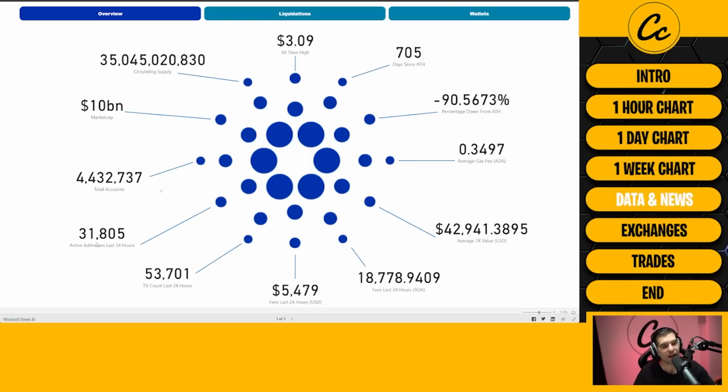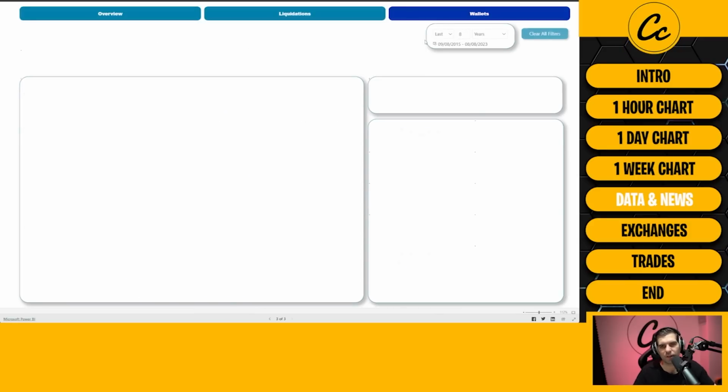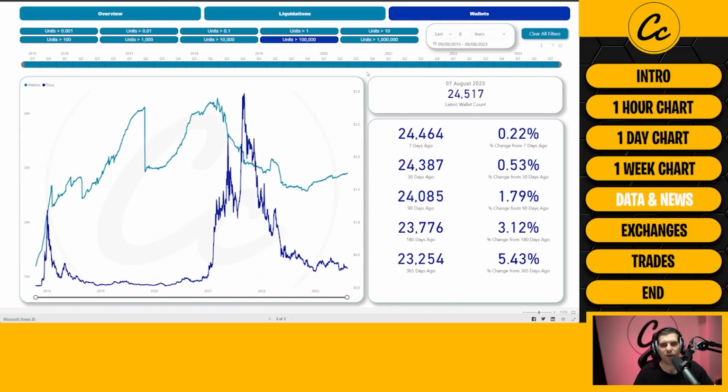Transactions, 53,000. Active addresses, 31,000. 4.4 million active accounts, and so forth, right? It gives you some overview of what is going on. Liquidations tells you the liquidations, and the wallet counts are going to show you the wallet counts, who is buying, who is selling, and all those things, right?